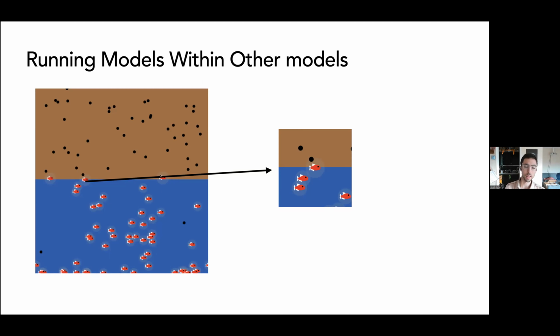And so the way that they modeled increased cognition is that each one of these creatures would spin up a little LevelsSpace model of just its immediate surroundings and simulate what would happen if I go this direction, what would happen if I go this direction, and the other fish are also doing that to decide which food to go after.